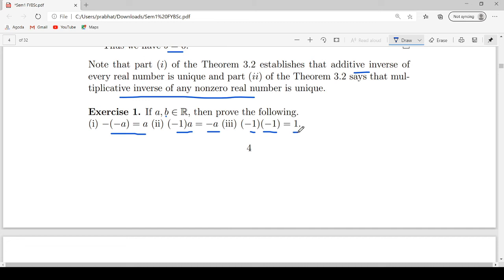That means minus 1 into minus 1 is equal to 1. So we will try to prove it one by one.